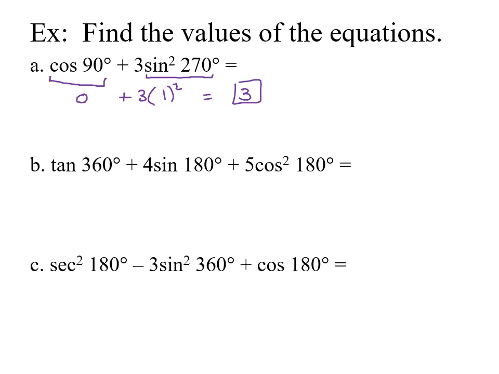Or on the next one, tangent 360, just this part right here, if you type that in the calculator, you'll get 0. If you type in just sine of 180, you'll get 0. And again, ignore the squared, but if you type in cosine of 180, you'll get 1 squared, which is 1, times 5 makes 5.